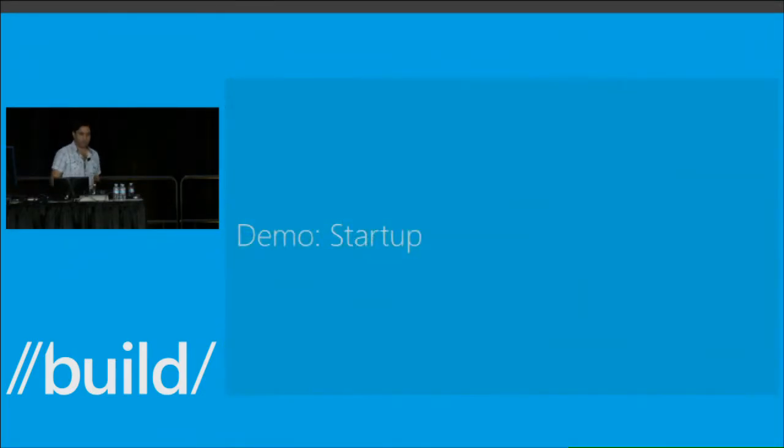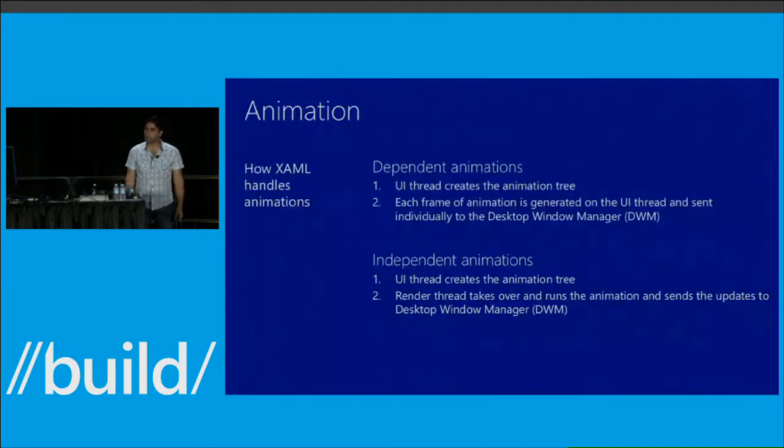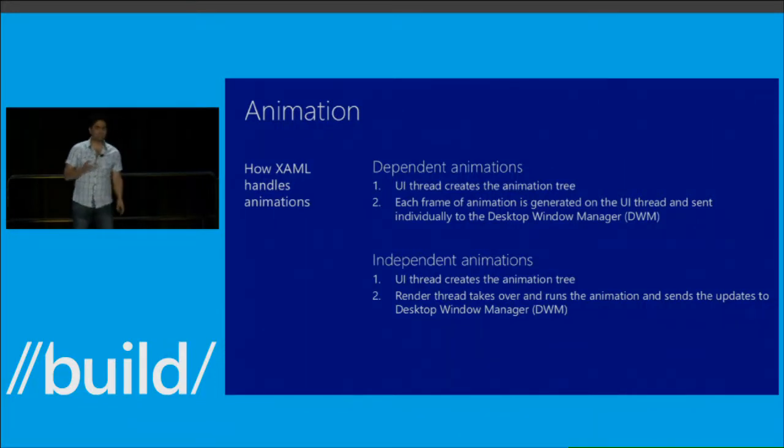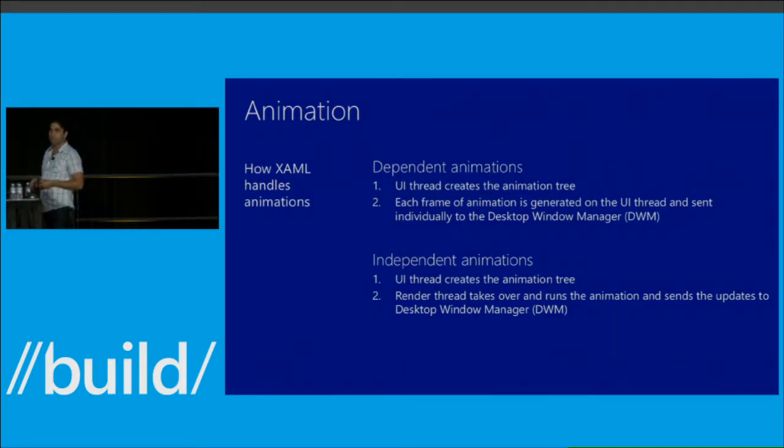So let me go back to my slides now. Let's talk a little bit about animation and panning. XAML supports two kinds of animations: dependent animation and independent animation. Dependent animations are animations which heavily depend on the UI thread. The UI thread is doing the heavy lifting of animation.